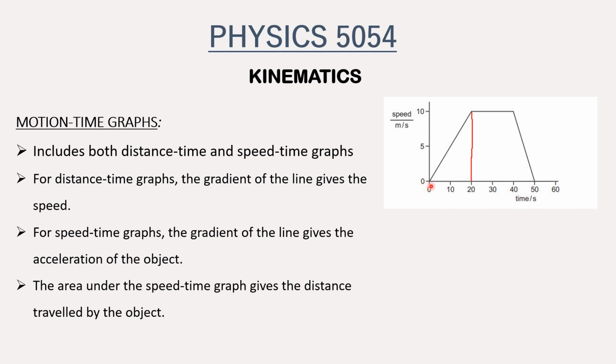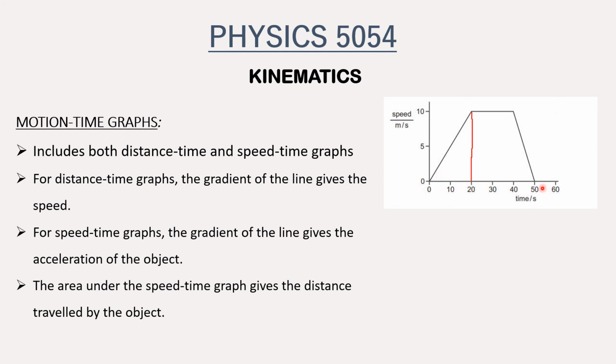So between 0 and 20 seconds, the car traveled 100 meters. How did we find this out? Because we know that the area under the speed time graph gives the distance traveled by the object. So by calculating this area, we were able to figure out that the car actually traveled 100 meters in this interval.